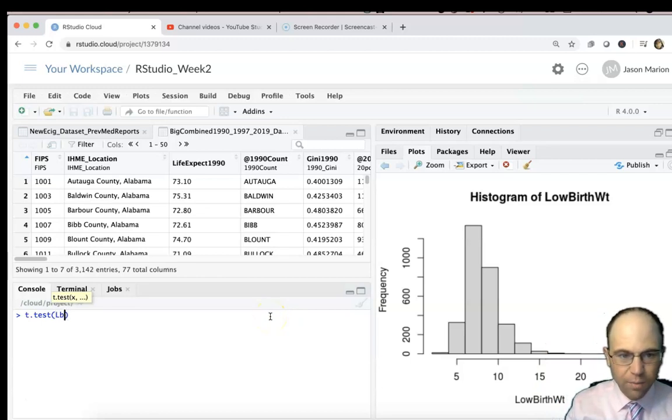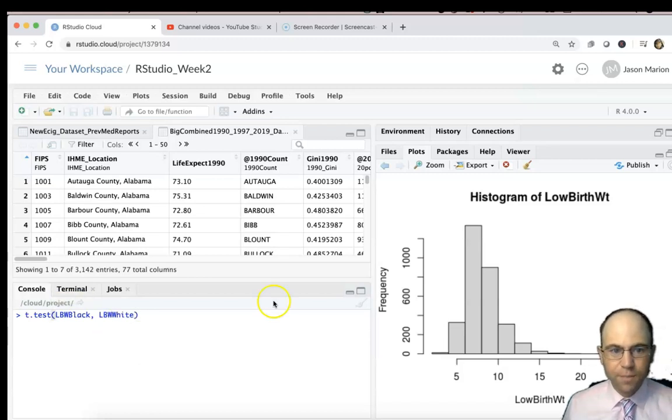So here, we can compare LBW black, comma, LBW white. So this is comparing the low birth weight for the county-based averages for the nation versus the county-based averages for the white folks for the nation.